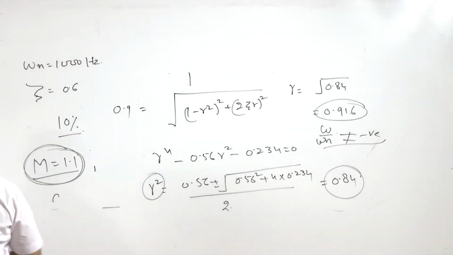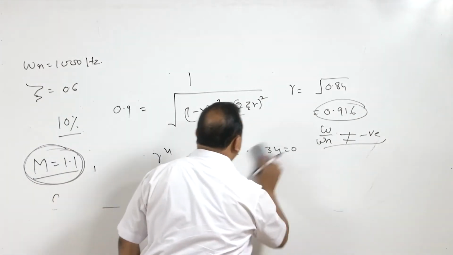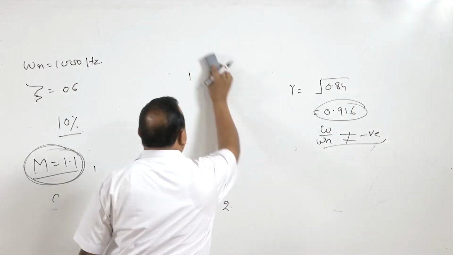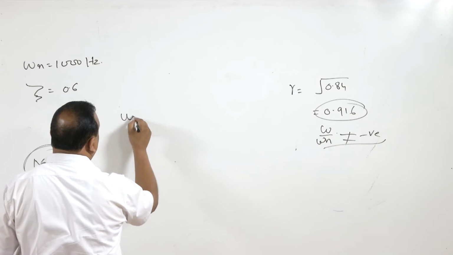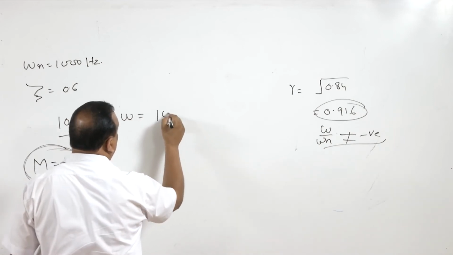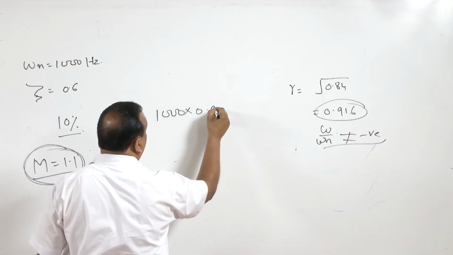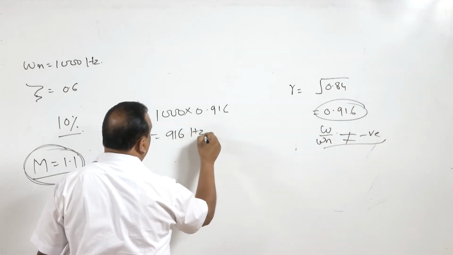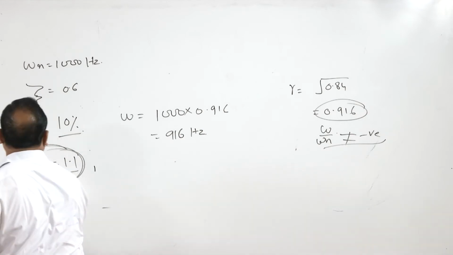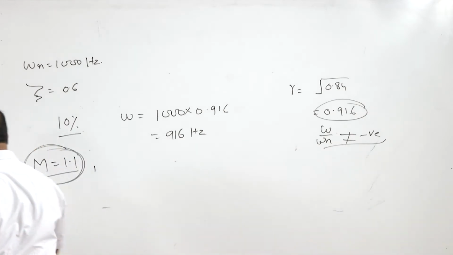So 0.916, if you multiply this by 1000, we get omega as 1000 multiplied by 0.916, which is 916. This is not hertz, this is cycles per second.